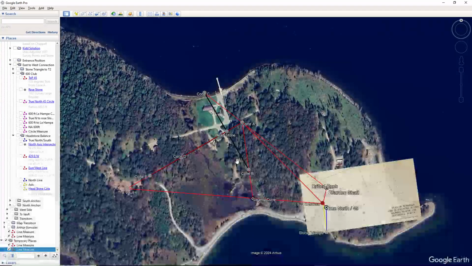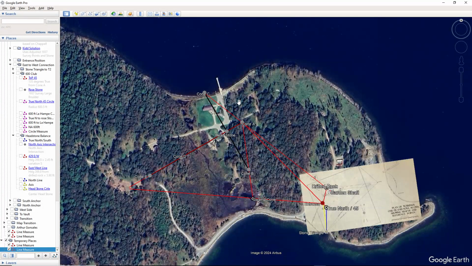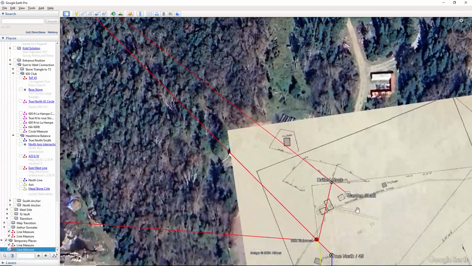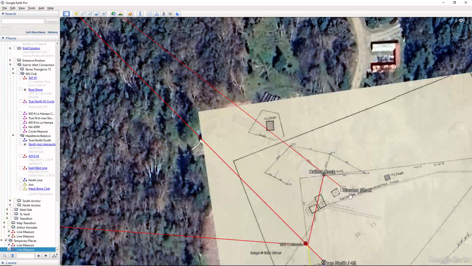Now, they also mention in the last episode about the alignment from cone C to cone A to the garden shaft. It does go right to the garden shaft. But another thing it goes to is what is called the drilled rock on the 1937 survey.